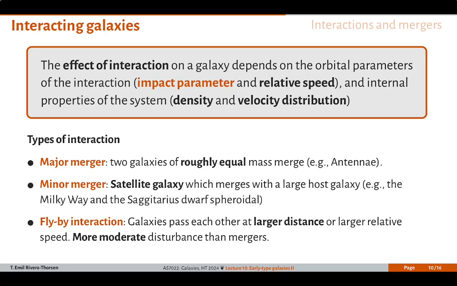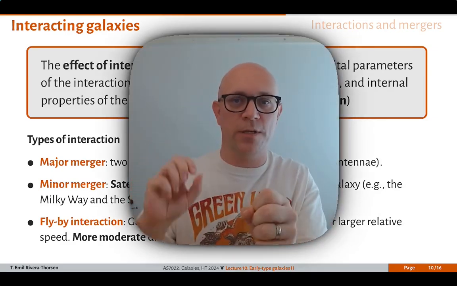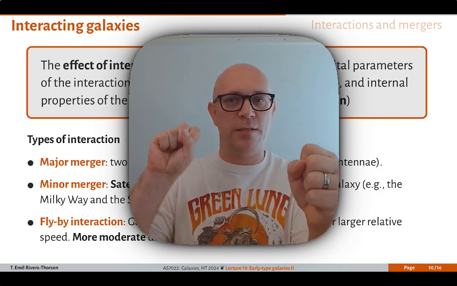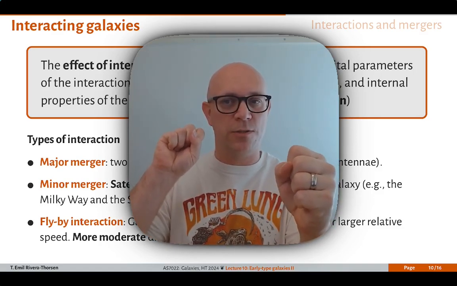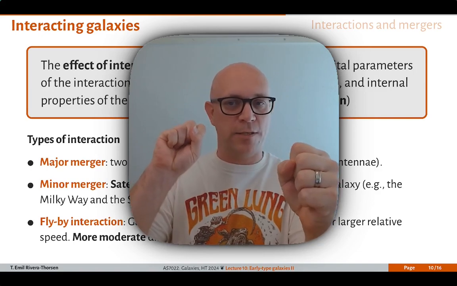The orbital parameter can be the relative speed, like how rapidly they are zipping past each other. The impact parameter is the distance between the two galaxies at the closest passage.